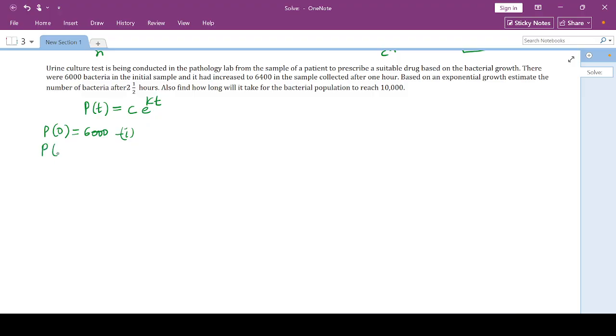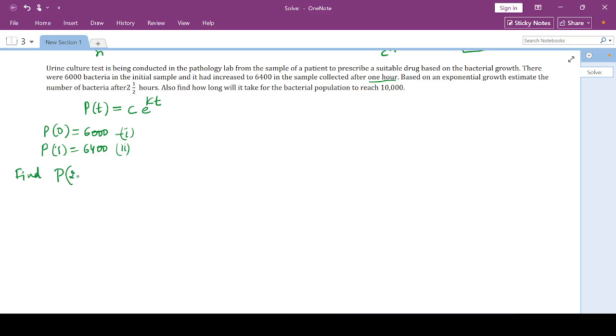Similarly, after 1 hour, 1 hour means you can just write 1, it is increased to 6,400. Call it the second condition. These two conditions are very important for us. And what we are going to find here is the population of the bacteria after 2.5 hours.